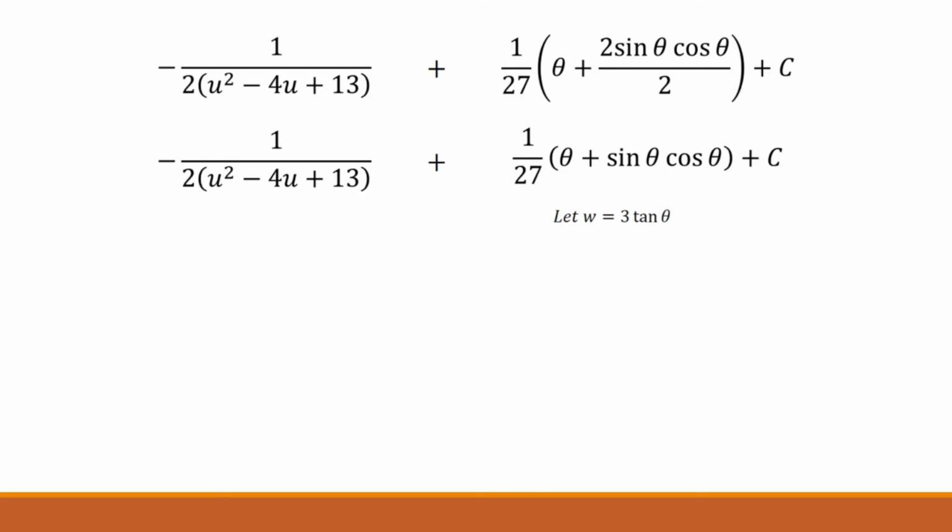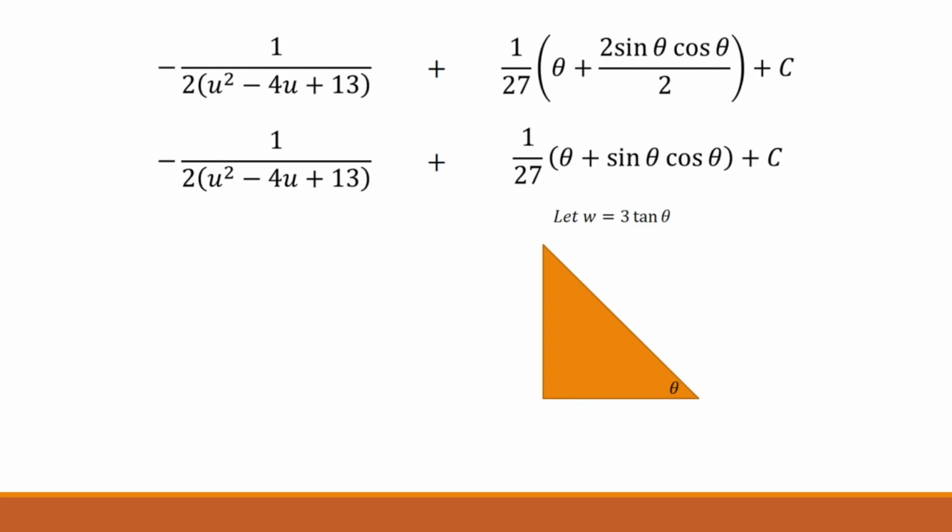And I'm going to let w be 3 tangent theta, right? Because that's what we had a couple slides ago. That was the substitution we made. So our goal is to go from theta to w back to u. So it's going to take us a couple steps to do that. In order to make this substitution back, we need to draw a right triangle.